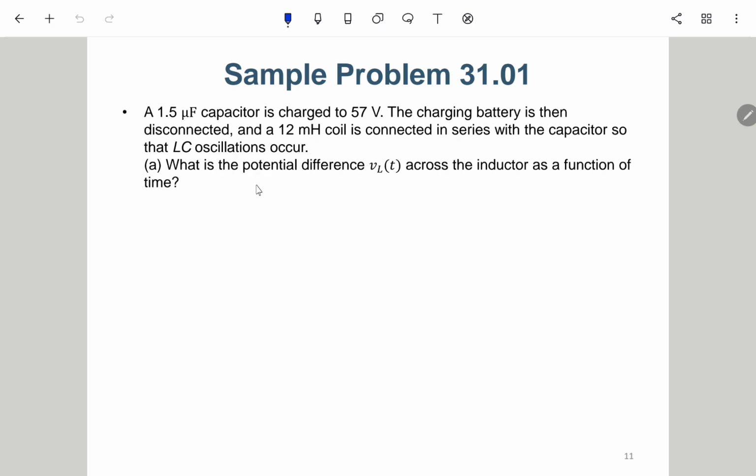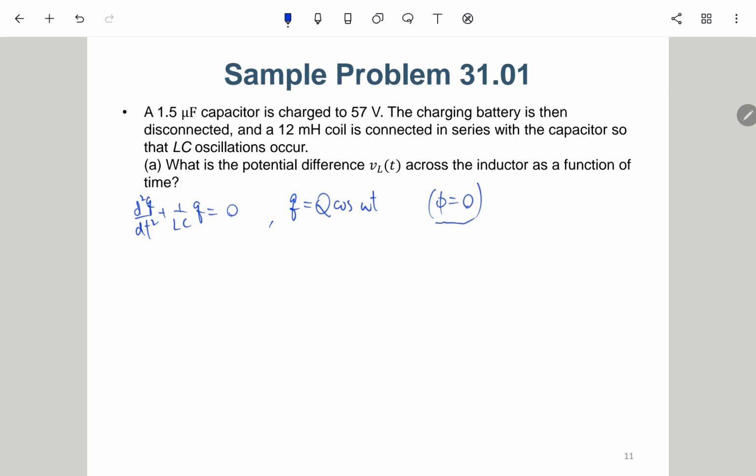Actually we have d2q dt2 plus 1 over LC Q equals 0. In that case, we can just make it Q equals capital Q cosine omega t. Originally, we should have plus phi, but we can just let phi be 0. In some cases we can make this assumption, because it is just a time shift.